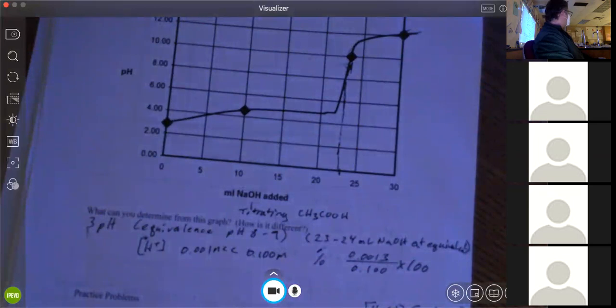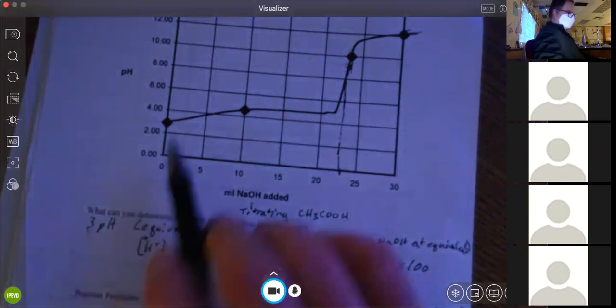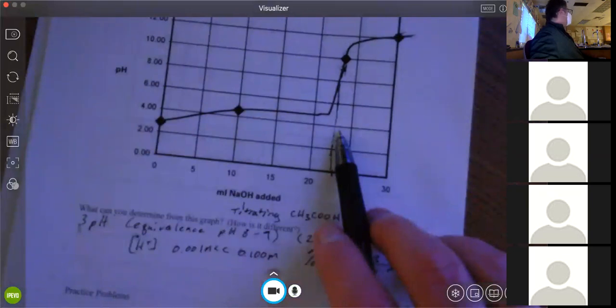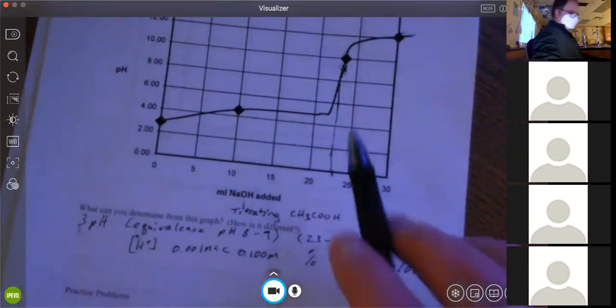So where's the point that we have half and half, or I should say a 1-to-1 ratio of it? Because here it would be 1-to-0, and here it would be 0-to-1. So where would it be 1-to-1? In the middle, right?